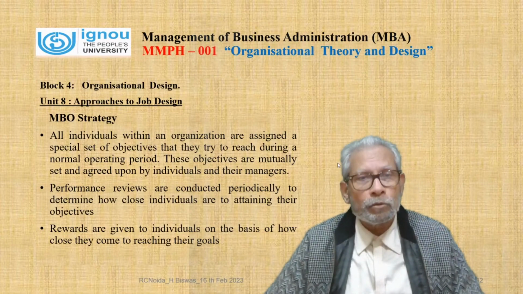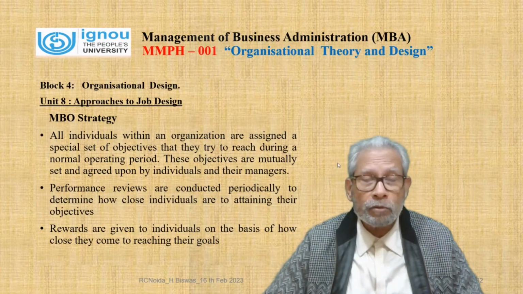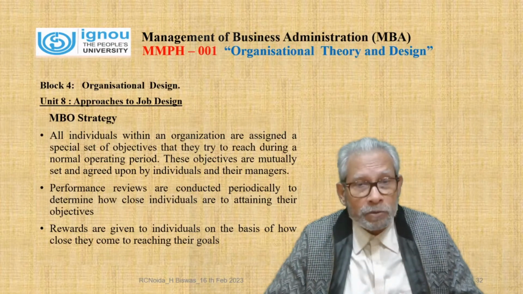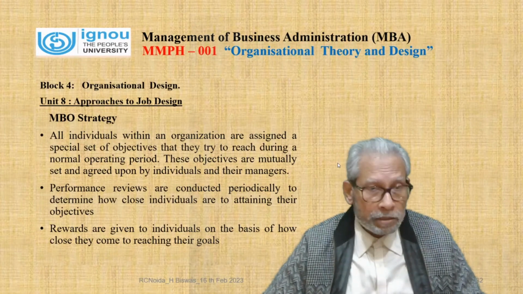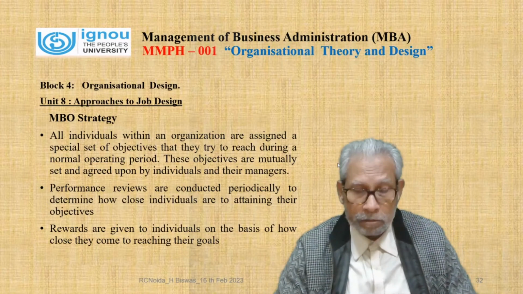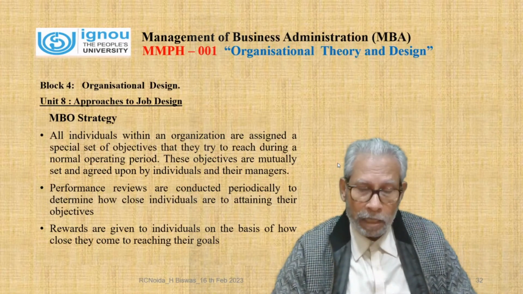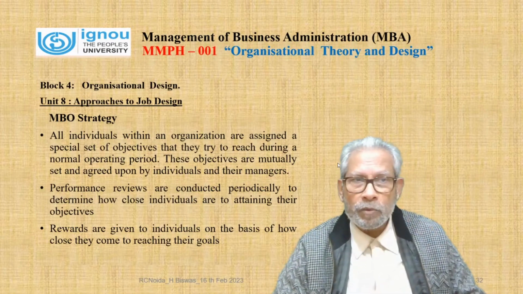They are contributing. So for that, you have to give some rewards, some appreciation. Yes, very good, thank you very much. That type of appreciation is also required for individuals. So it comes to reaching the targeted things, fulfilling them as per the commitment, as per the agreement. That is basically the MBO strategy.